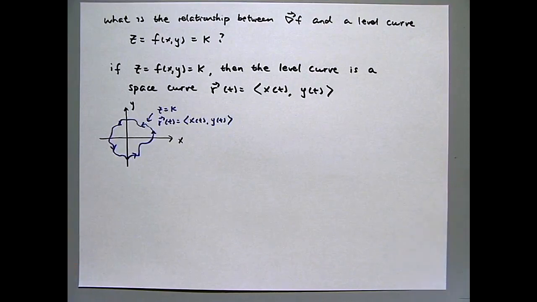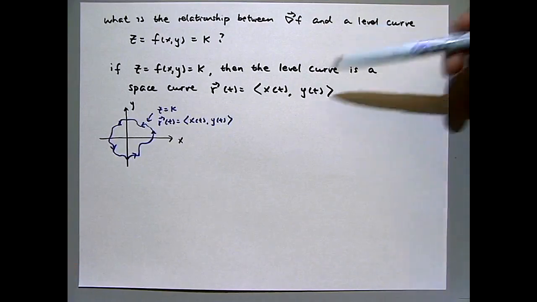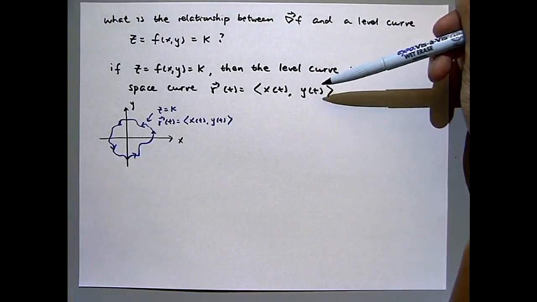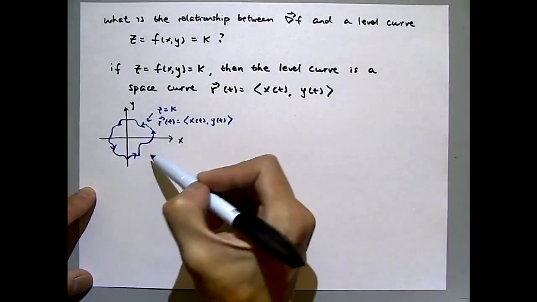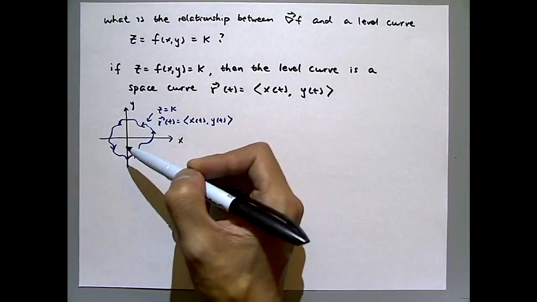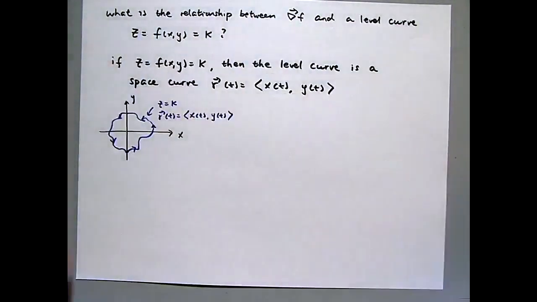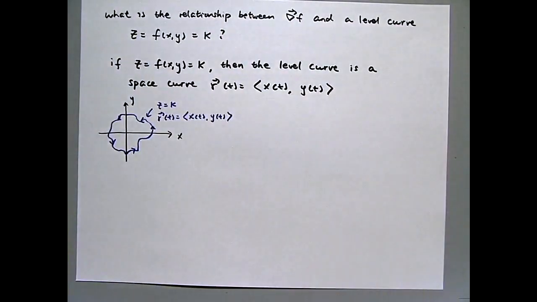Remember, a level curve has a direction defined by the increasing direction of the parameter t. So this might be t equal to 0, this might be t equal to, I don't know, 15 or something. As t increases, there's a direction involved in the space curve.